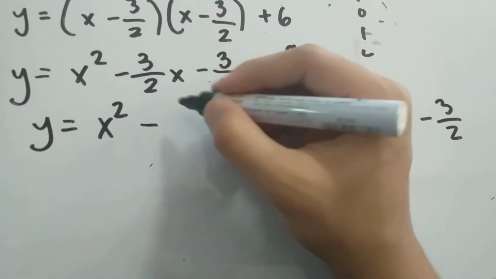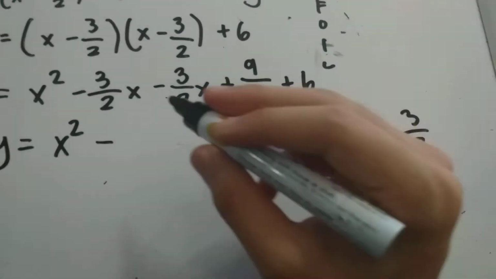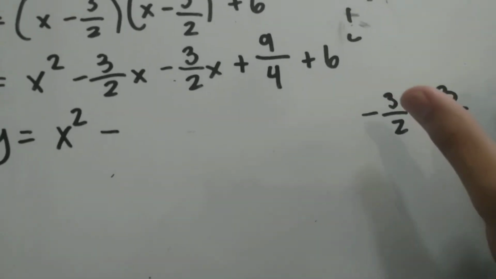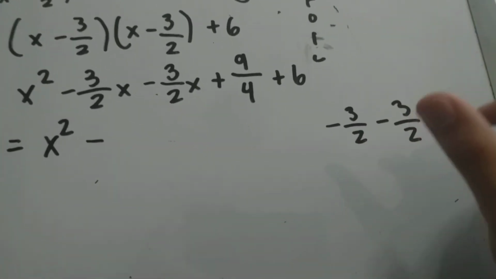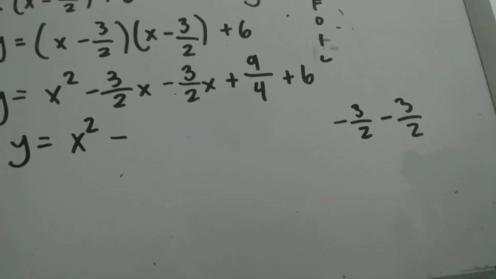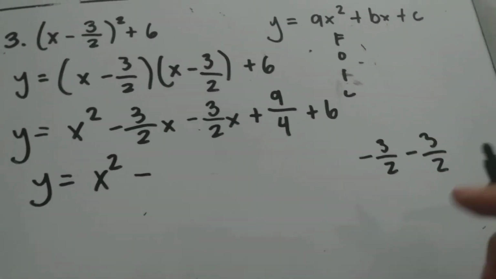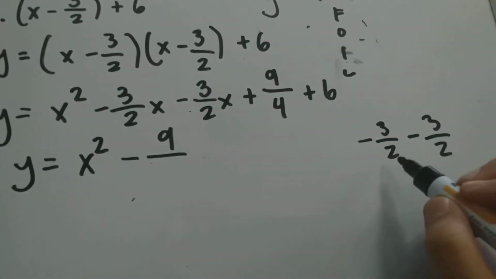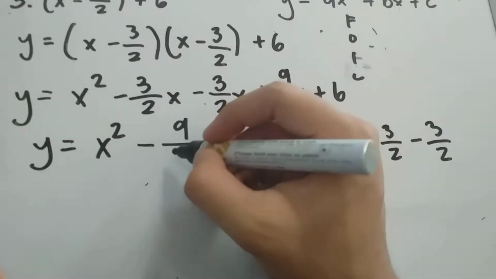Wait, no, actually I forgot. These are both negatives, so you have to add them. If they have similar signs, you just add them together. So negative 3 plus negative 3 is negative 6. Then because they're similar fractions, you just copy the denominator.